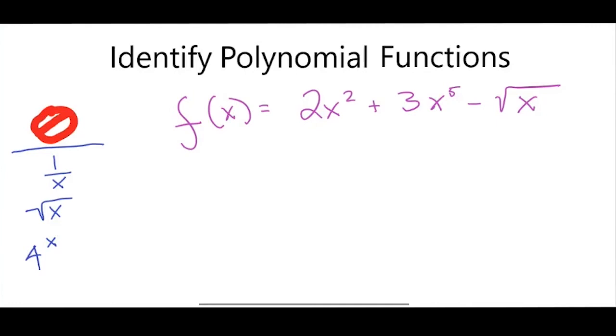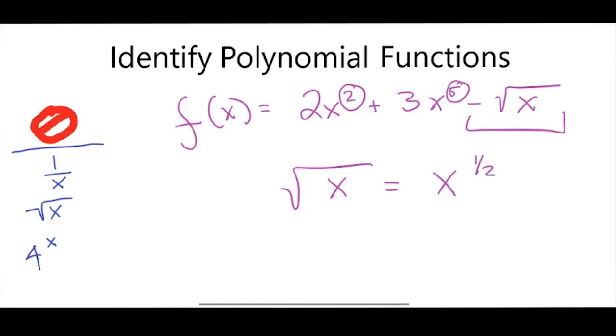All right, let's see here. Is this a polynomial function? Well, I see here I have x to the second power. Here I have x to the 5th power. But right here, I have a negative square root of x. And the square root of x is actually equal to x to the 1/2 power.